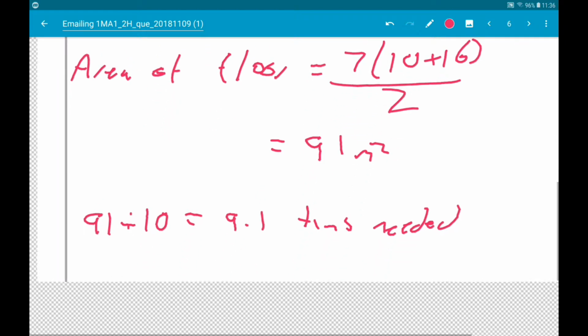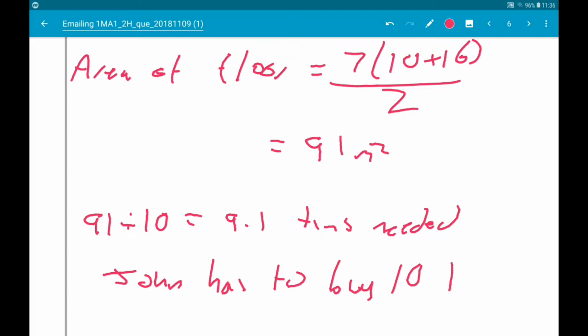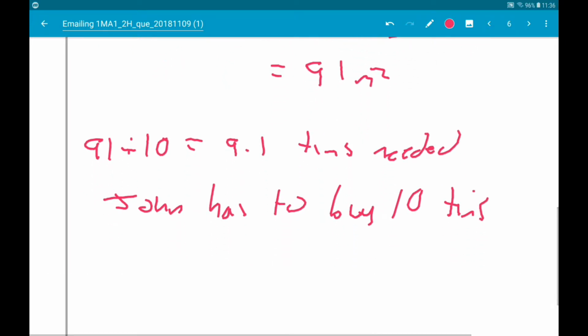So, John needs to buy 10 tins. So, each tin costs £16.99.